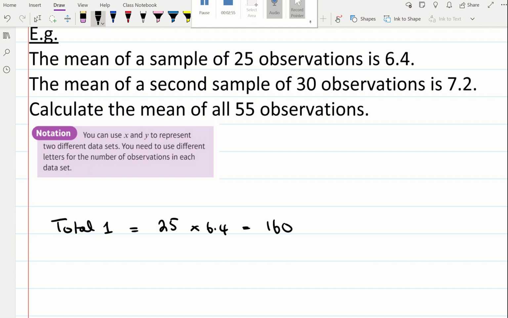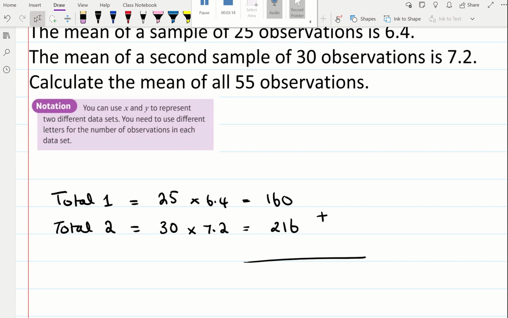And then it says the mean of a second sample of 30 observations is 7.2. So I'm trying to find the total for the second sample. That's 30 times 7.2, and that's 216. Well, what's the total for both samples? That's 160 plus 216, which is 376.